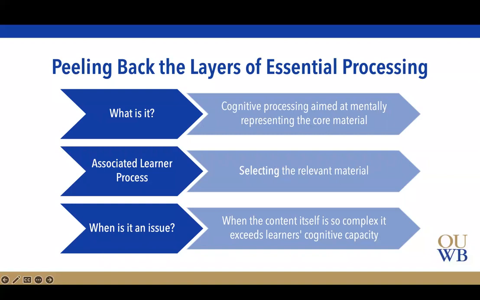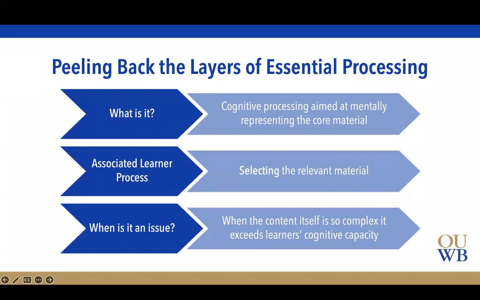Peeling back the layers on essential processing. Again, essential processing is that cognitive processing that's aimed at mentally representing the core material of a lesson. It's impacted by the inherent complexity of the material itself, and it's closely related to that learner process of selecting the relevant material.